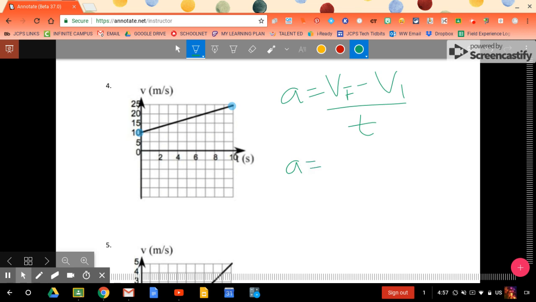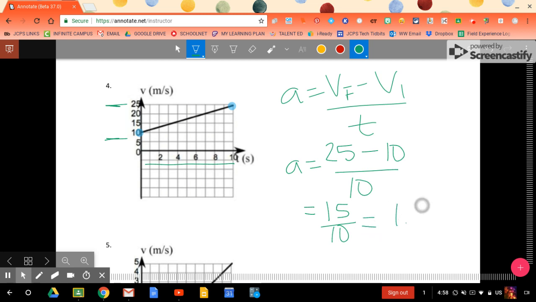So my final velocity, I'm going 25 meters per second, and my initial, I'm going 10. And this happens over my 10 seconds. So I'm going to get 15 divided by 10, which gives you 1.5 meters per second squared.